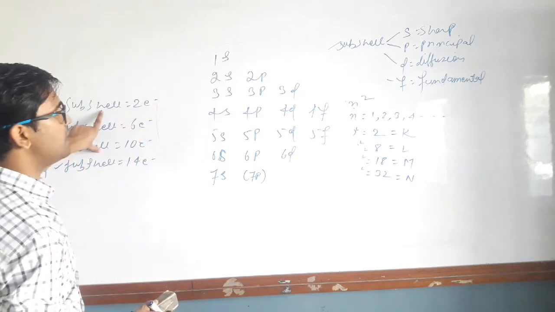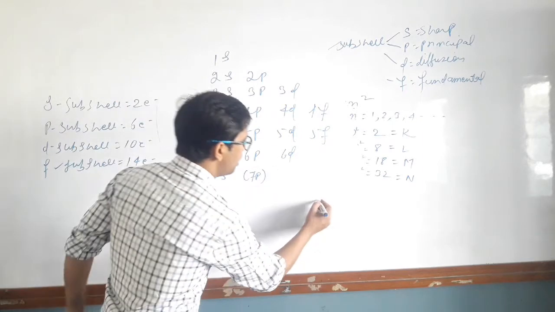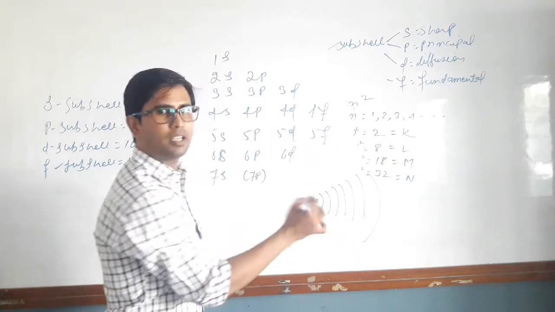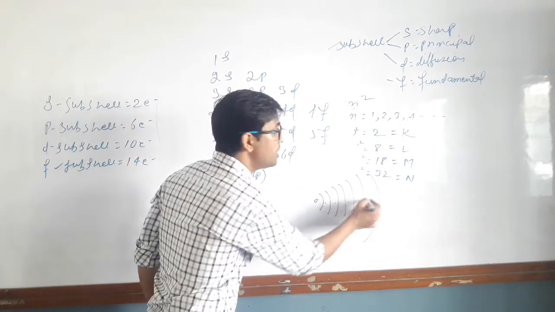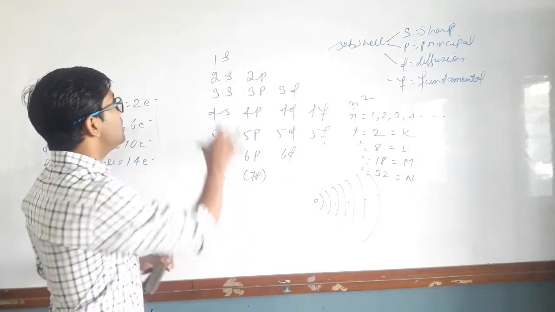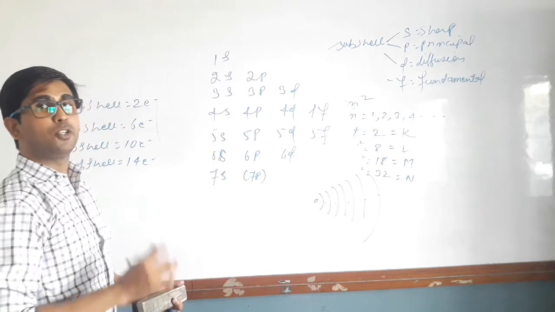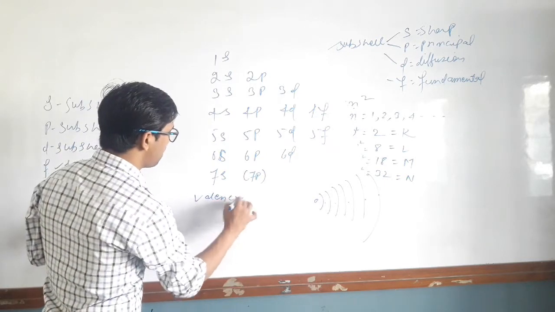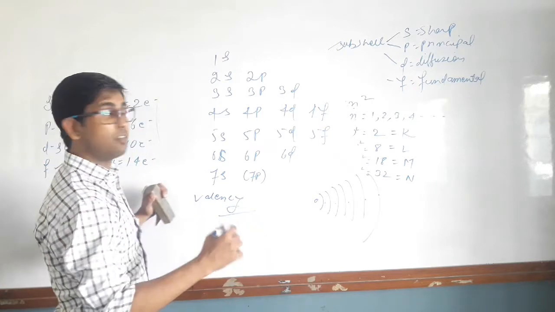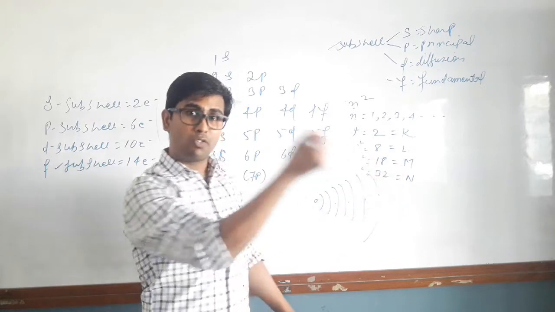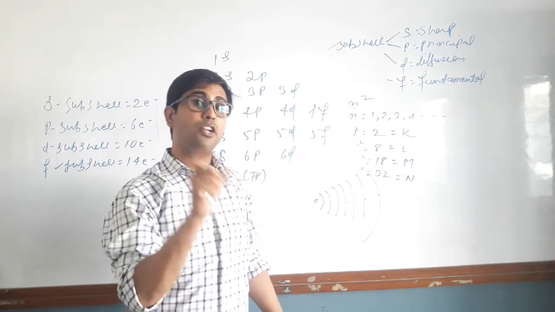With the help of this we calculate how many electrons in any atom there are and how they are distributed along it. This will help us to calculate the total number of electrons and also help us to know the valency of any atom, whether that atom will give out its electron or receive an electron.